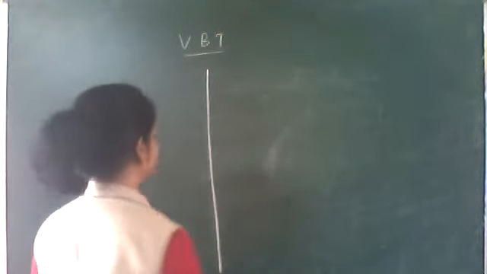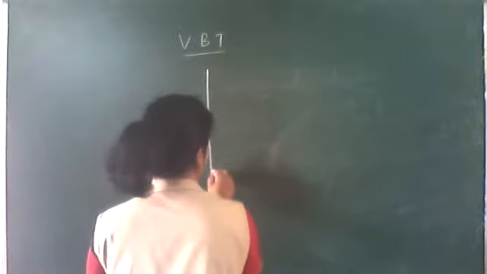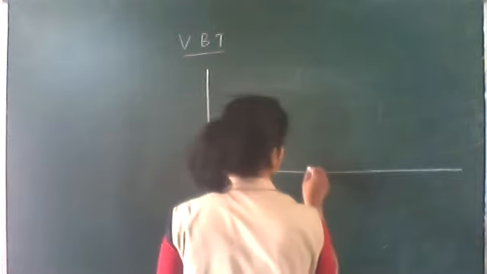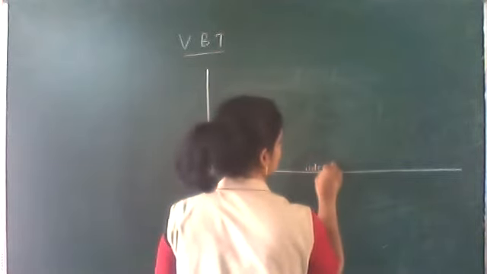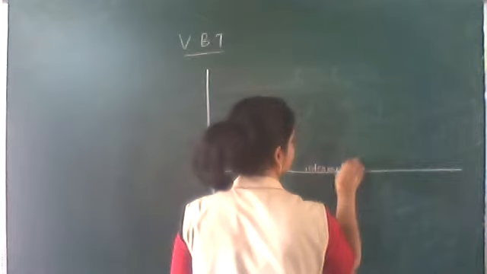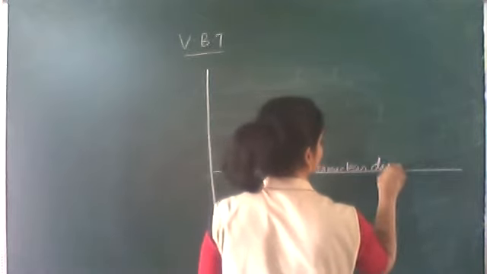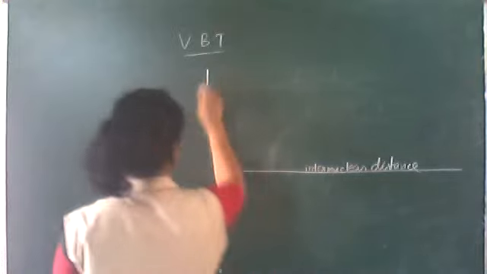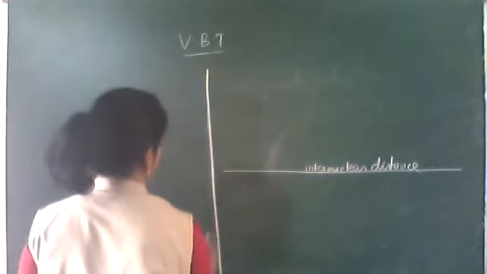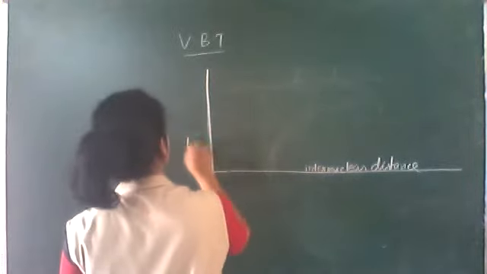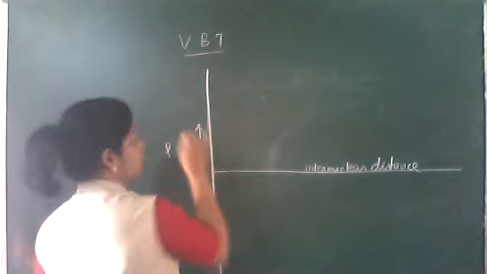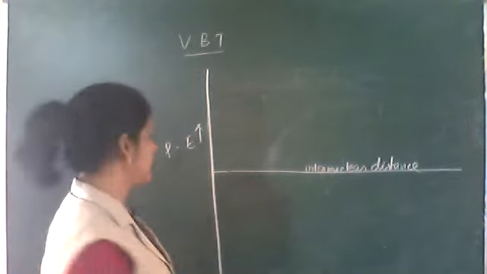This is the energy axis. This is the internuclear distance. This is the potential energy diagram.